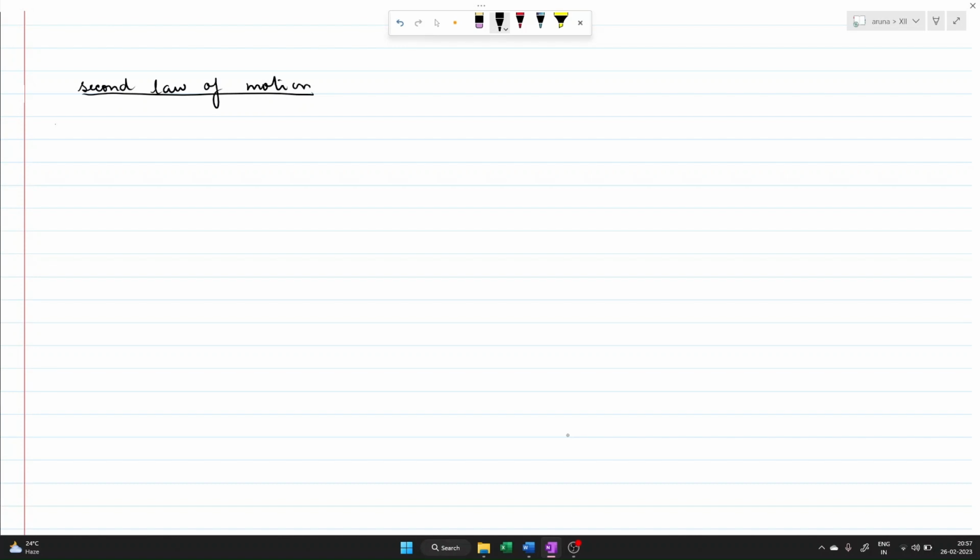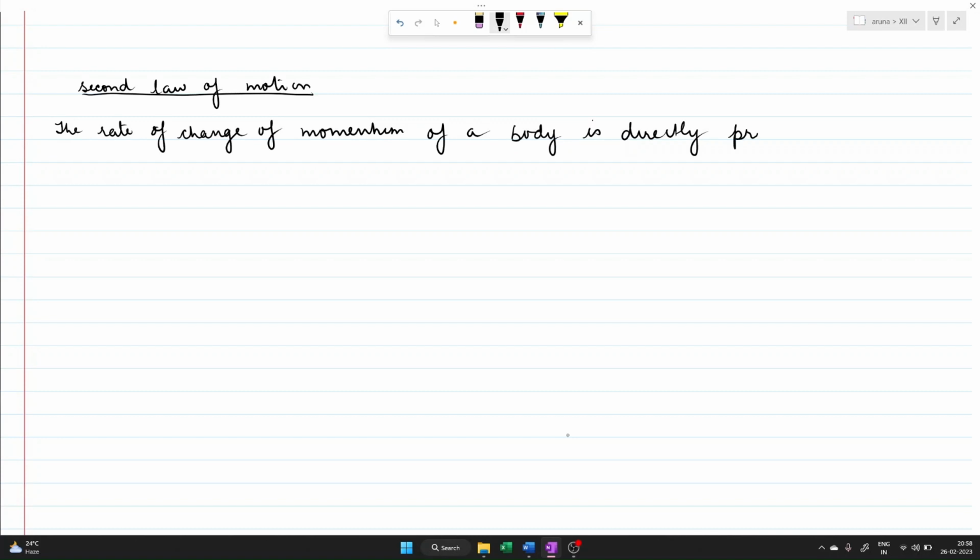So the second law states that the rate of change of momentum of a body is directly proportional to the external force and takes place in the direction of force.